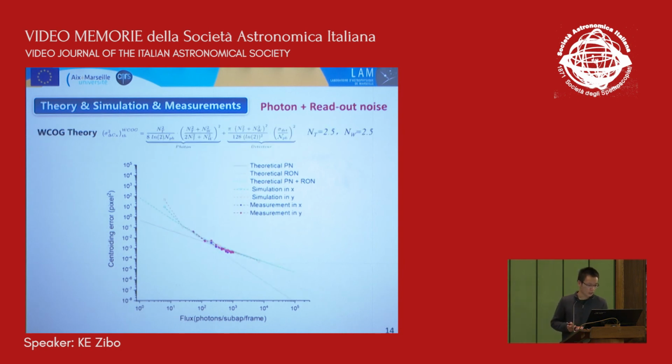But if we choose the weighted center of gravity, we can see it also has a good match, and especially in the lower flux, the fluctuation was eliminated. That is to say, the mask can eliminate the impact of the irrelevant pixels on the centroid calculation.